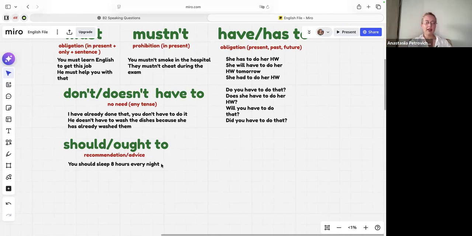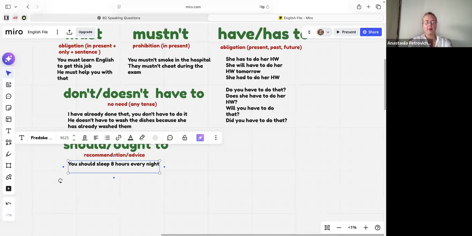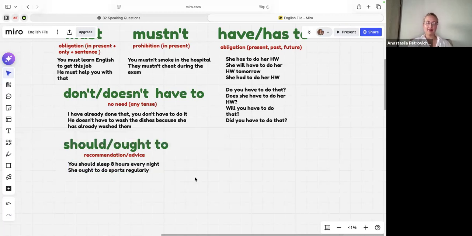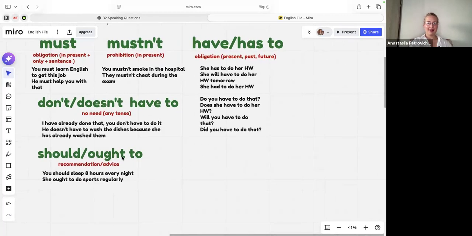So it is like that. Let me give you one more example with ought to. Let's say she ought to do sports, let's say. Sports regularly. Like that. So that's it. Let's get some more.